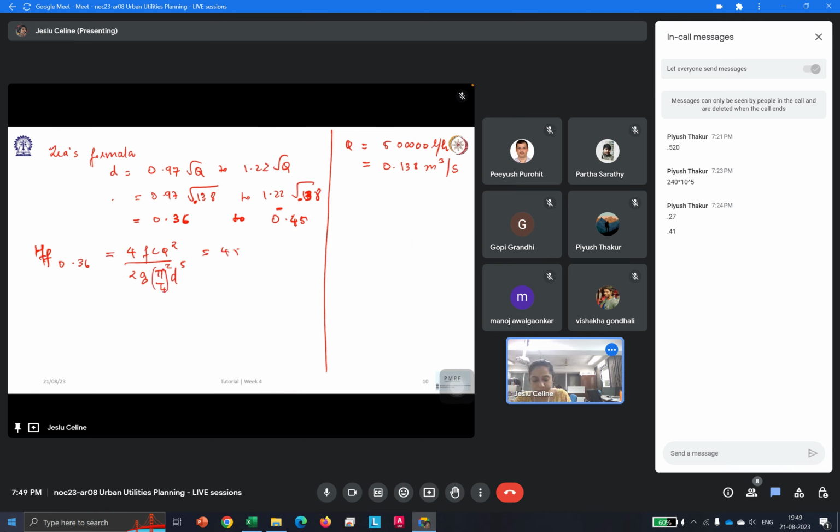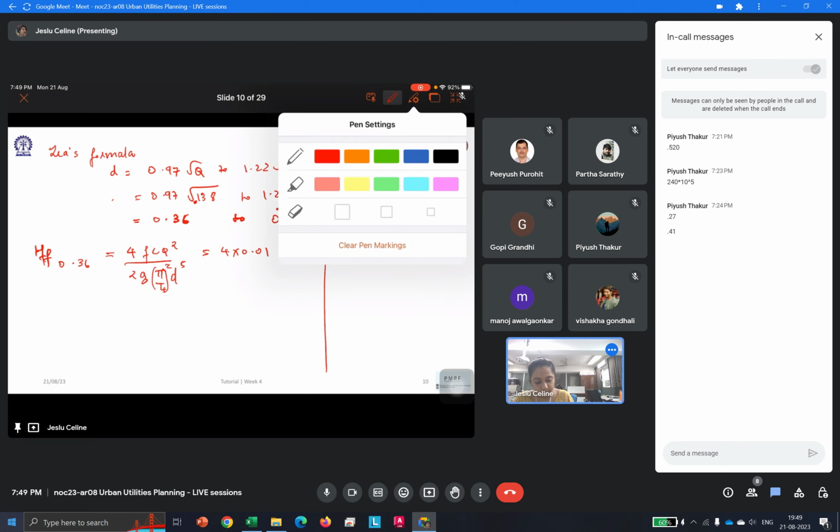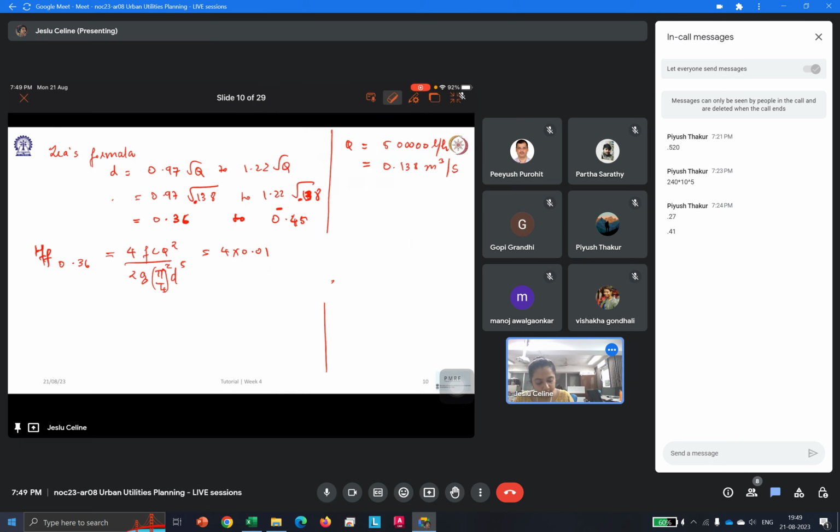So 4 into 0.01 into L, the distance, which is 1000 meters, into Q, which we have already found, 0.138, the whole square, divided by 2 into 9.8 into 3.14 divided by 4 the whole square into our d value.